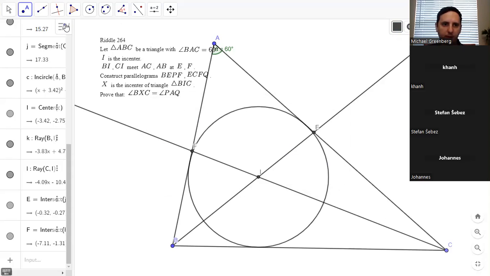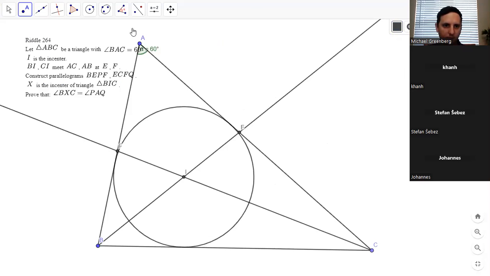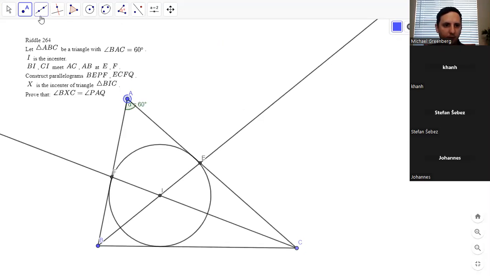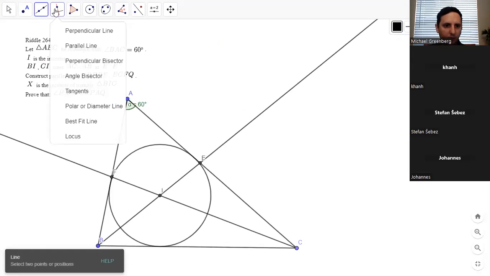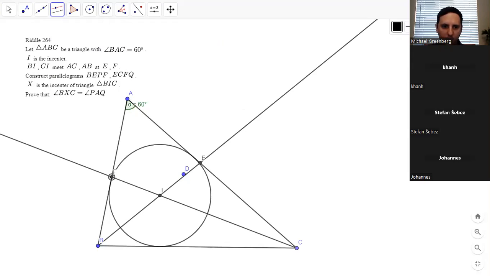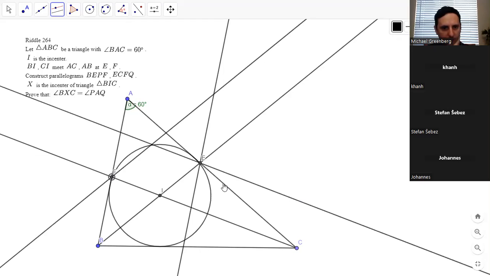And then we want BEPF and ECFQ. So F is that parallel, and this parallel. That'll be point P. And then ECFQ, this and that.